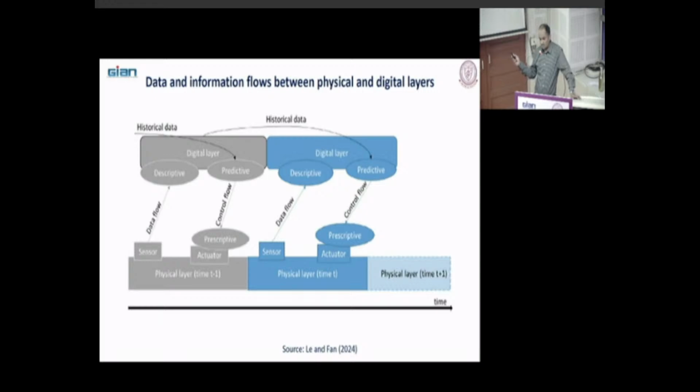They will consider the historical data as well, the historical data from last week, and what is happening here. Then they do the analysis, and then again the predictive one, prescriptive one, actuator, and then it goes to the physical layer, time t plus 1. So this way, your descriptive, predictive, and prescriptive analytics play an important role in your digital twin.